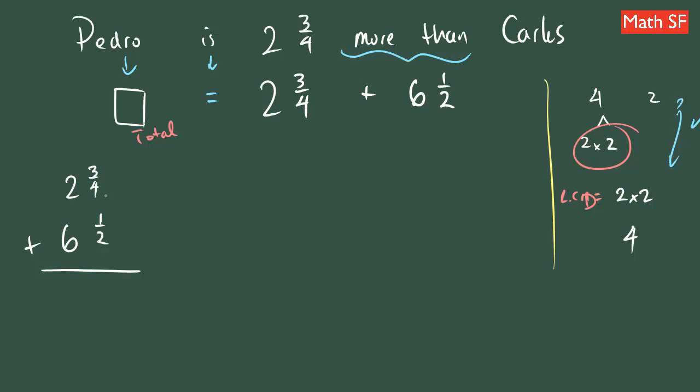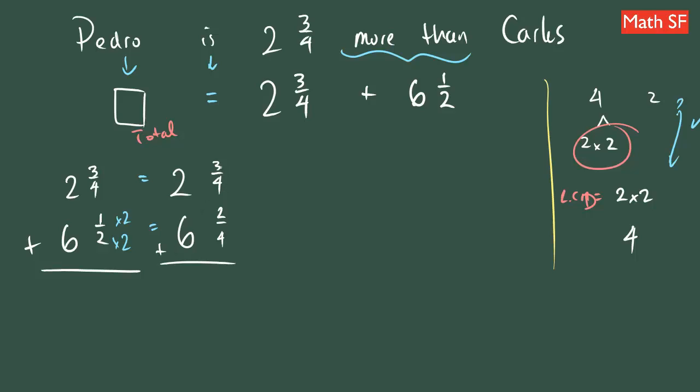So I have to convert this into a 4. This is already a 4, so I don't have to worry about it. I'm just going to rewrite it, but this part is not a 4, so I have to multiply by 2 top and bottom, and I will obtain 6 2/4.